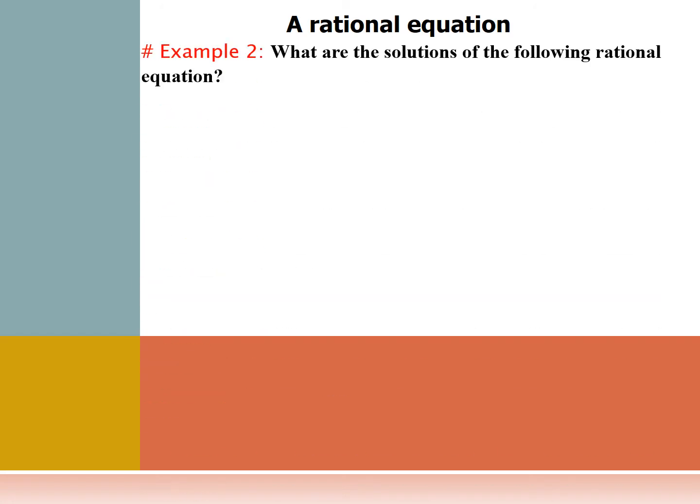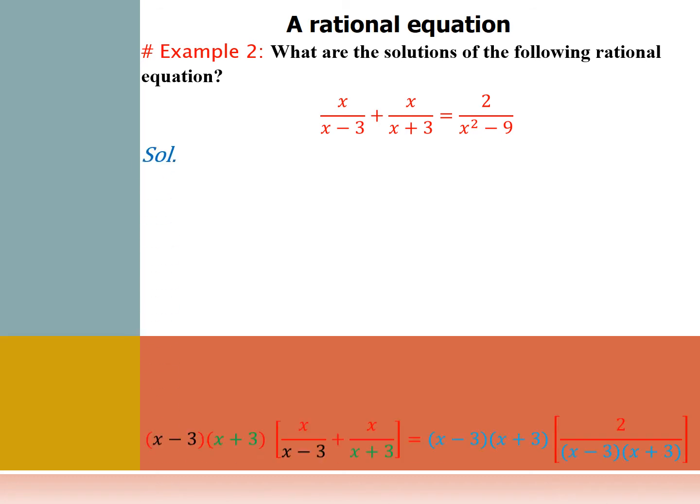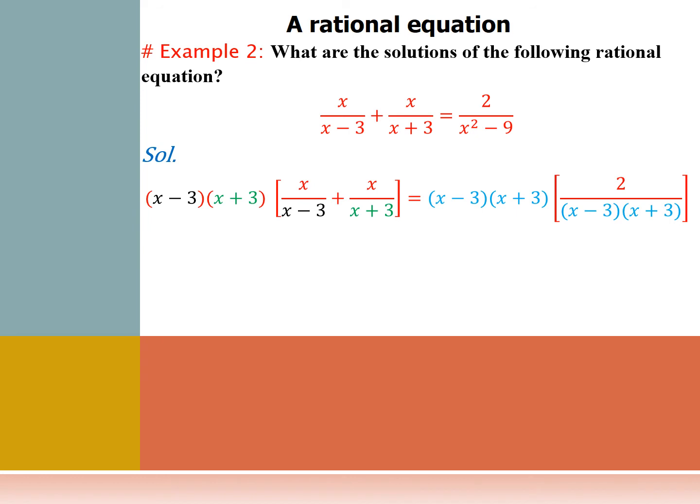Example number 2, what are the solutions of the following rational equation? Here we have x over x minus 3 plus x over x plus 3 is equal to 2 over x squared minus 9. First step, find the factors of x squared minus 9, and they are x minus 3 times x plus 3.